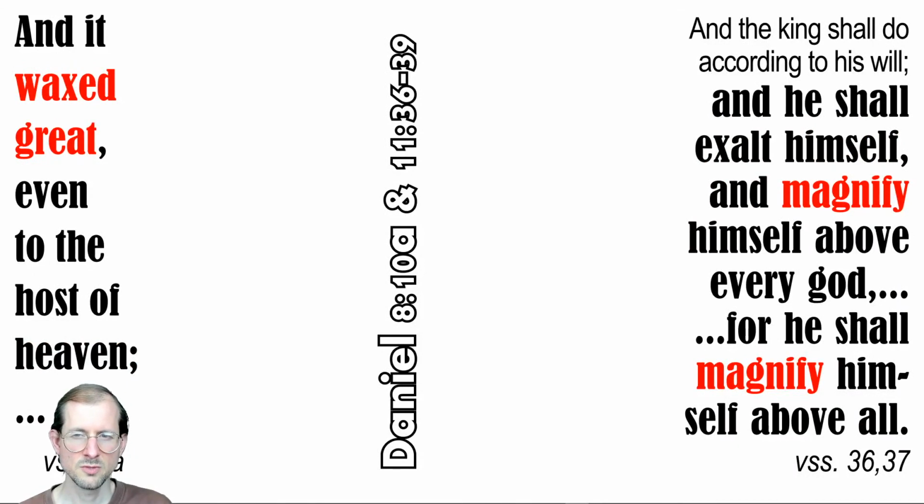Now, of course, you only know this when you look at chapter 8 and chapter 11, because chapter 8 parallels chapter 2 and 7. Chapter 11 parallels chapter 8 to a certain extent, but when you look at chapter 11 closely, you see that there's a bit of a rearranging of things.